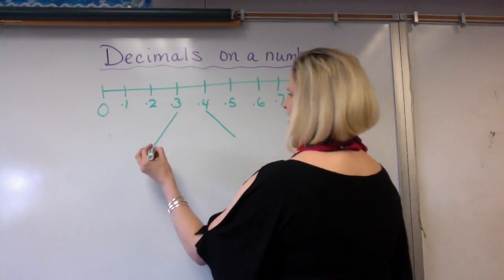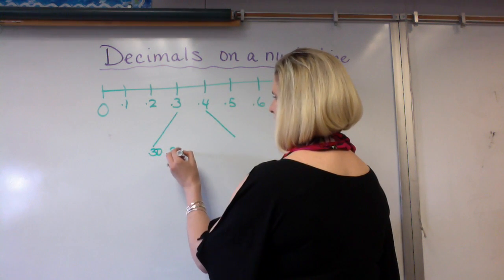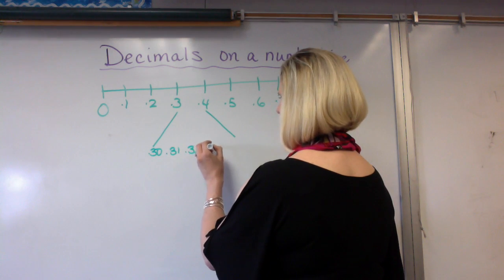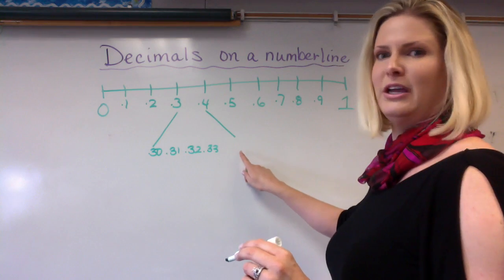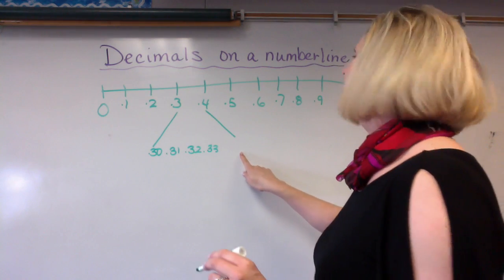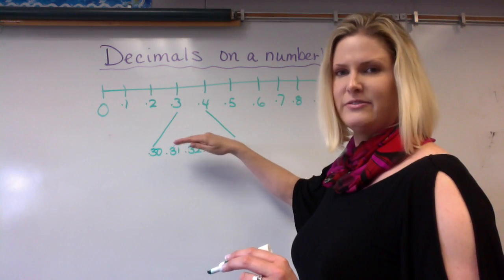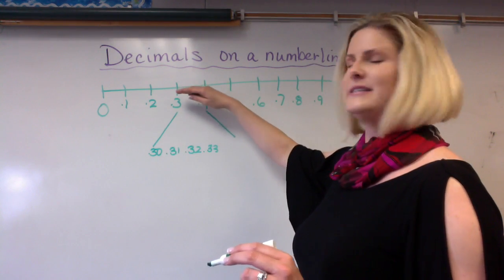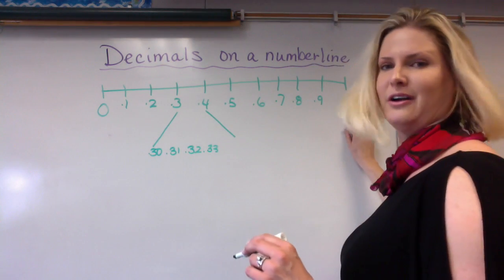So 3 tenths would also be 30 hundredths. And then you're going to have 31 hundredths and 32 hundredths and 33 hundredths and so on, all the way up to 40 hundredths. So this is an even smaller unit of decimals. Then you've got your next step up unit of decimals, which then equals our 1 whole.